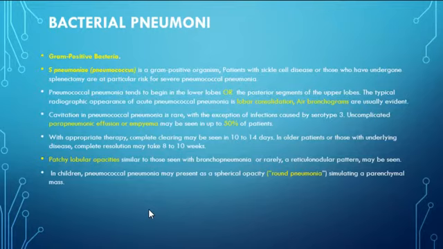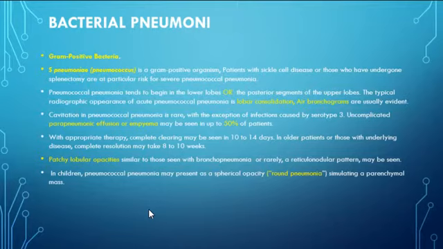Pneumococcal pneumonia tends to begin in the lower lobes or the posterior segment of the upper lobes. The typical radiographic appearance of acute pneumococcal pneumonia is lobar consolidation. Air bronchograms are usually evident, and parapneumonic effusion or empyema may be seen in 50% of patients.